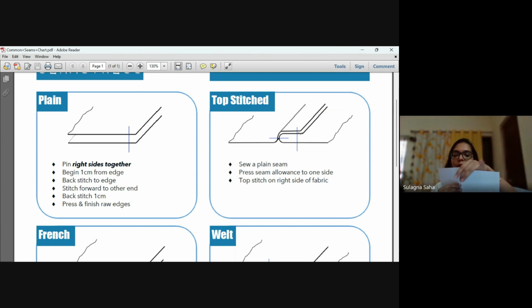Once you have opened it up, you turn the seam on the right side of the fabric and you stitch here at the side, like this. On the right side of the fabric, you turn it around and stitch. And on the top, you will get another line of stitch. This is the top stitched plain seam.